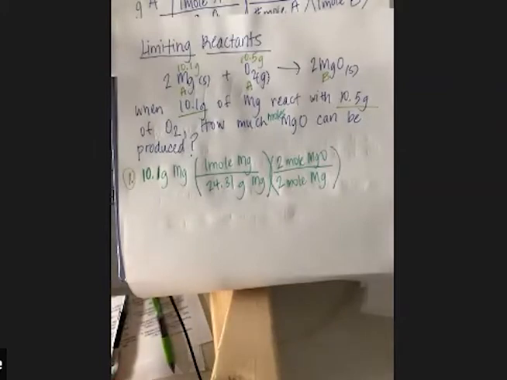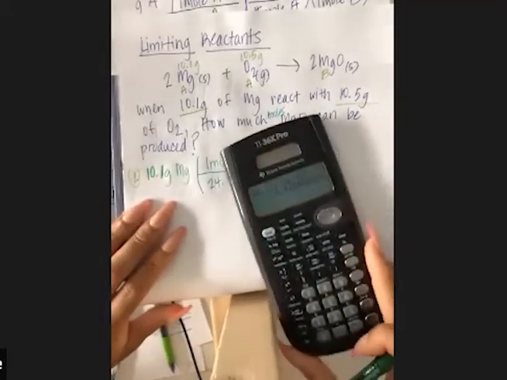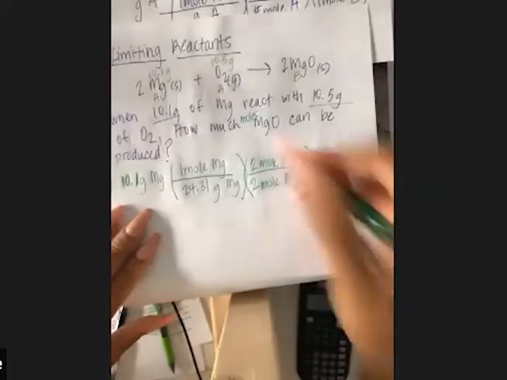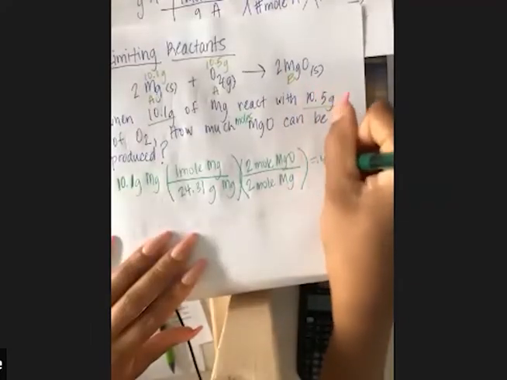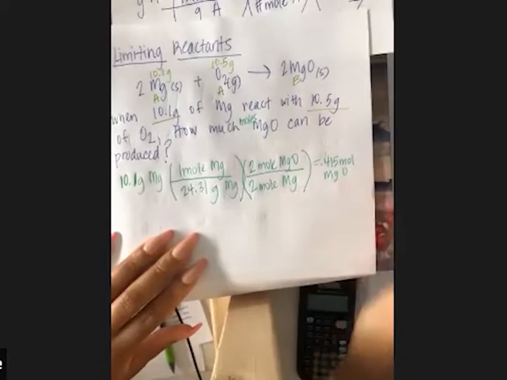If I put that in my calculator, 10.1, open parentheses, 1 divided by 24.31, and then times 1, I end up getting, with 3 sig figs, 0.415. So this gives me 0.415 moles of magnesium oxide.